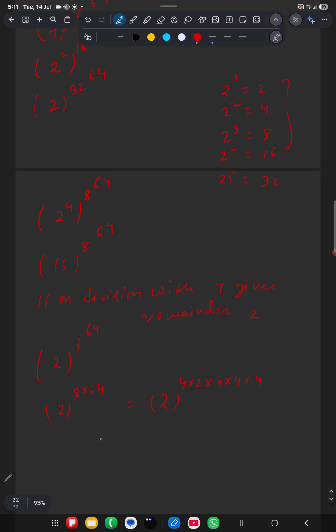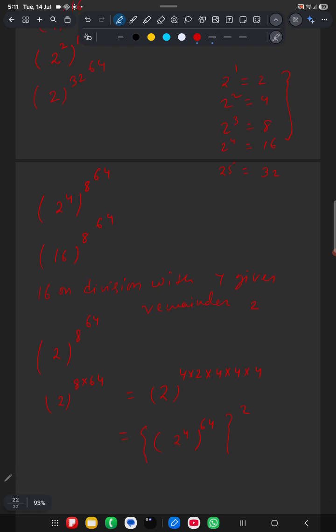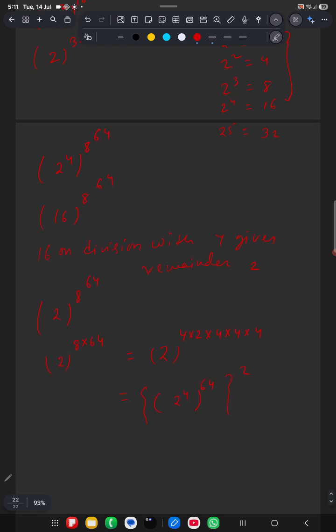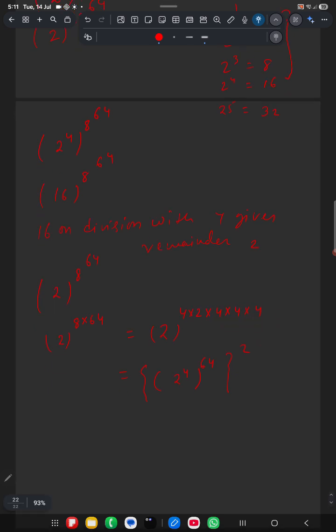So you will get 2 raised to the power 4, whole raised to the power 64, and whole raised to the power 2. It is coming like this: from here I have taken this, and this is the next, and this remaining is after that.